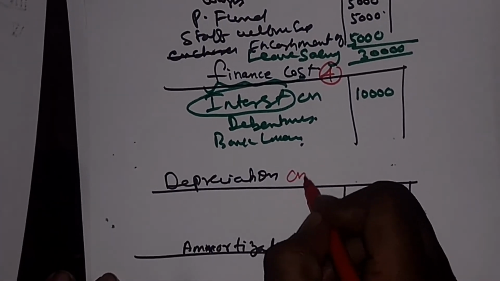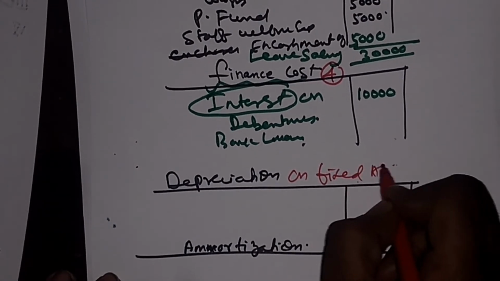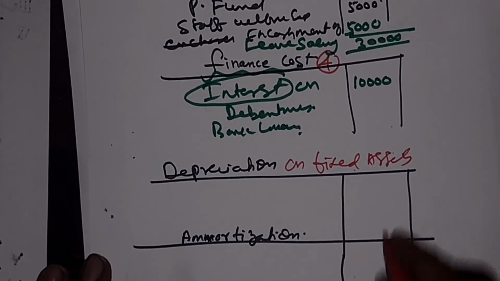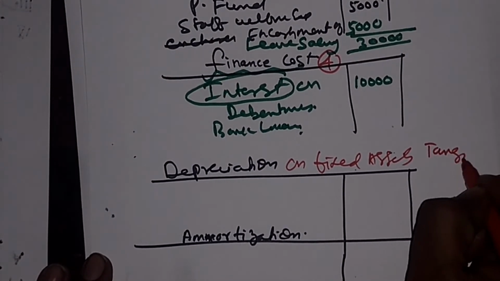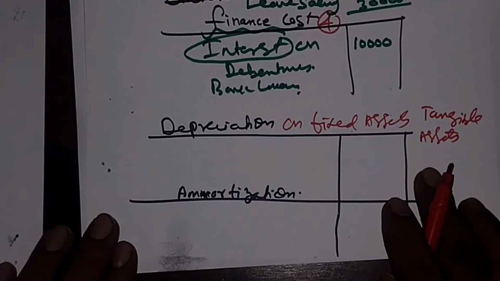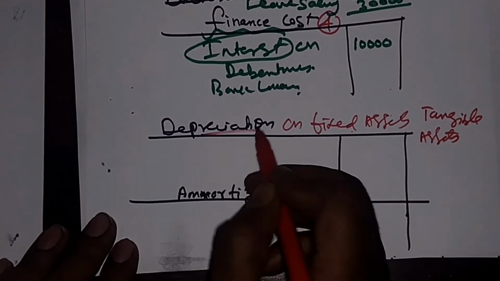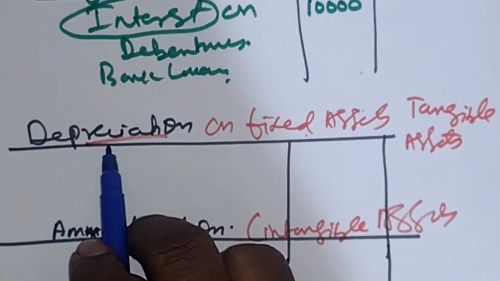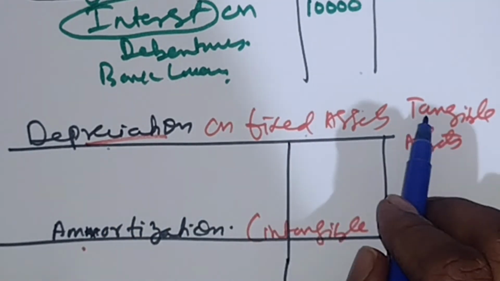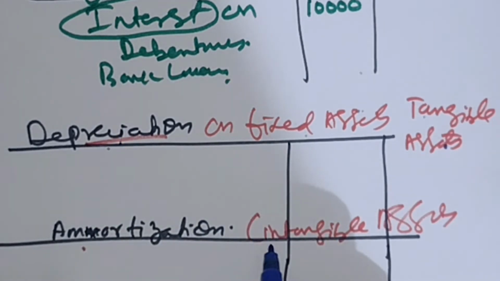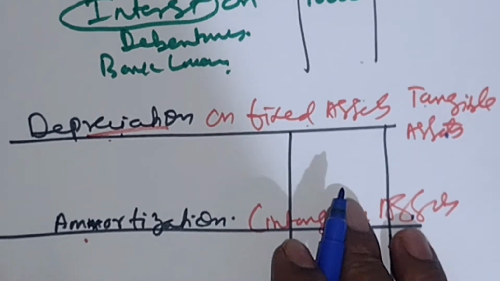Depreciation will appear on fixed assets, that is tangible assets. When the asset value is reduced on tangible assets, we call it depreciation. When the asset value decreases on intangible assets, we call it amortization.